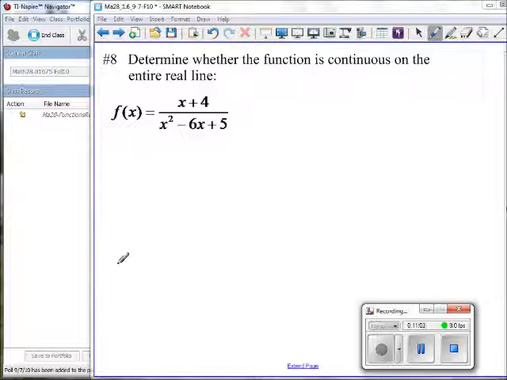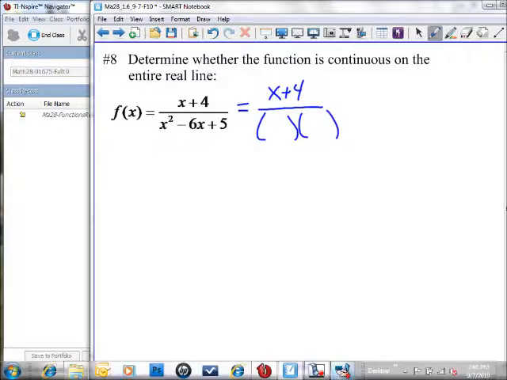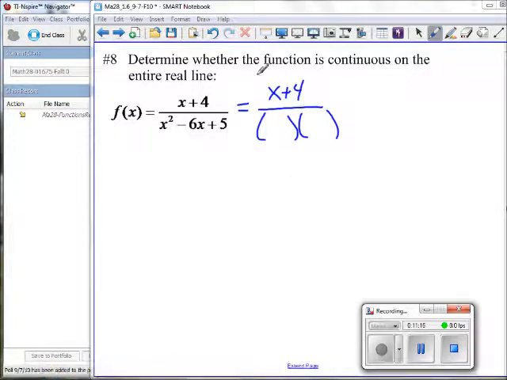So in order to do this problem, we're going to again think about, can we factor this denominator? If I can factor that denominator so that I have something go away that's going to be an impossibility, or if I can identify where the function will be impossible, undefined, that also is going to tell me where it's not continuous. So, how are you doing on factoring?